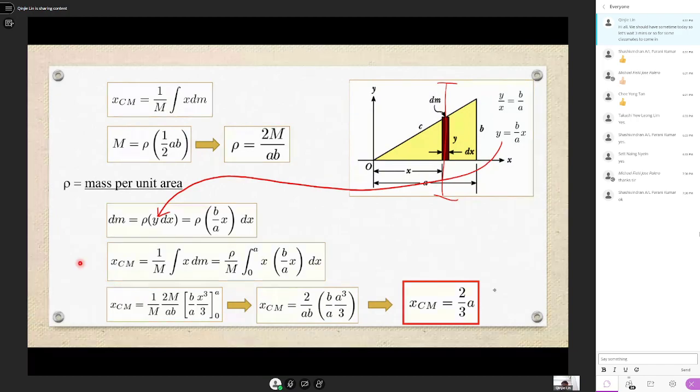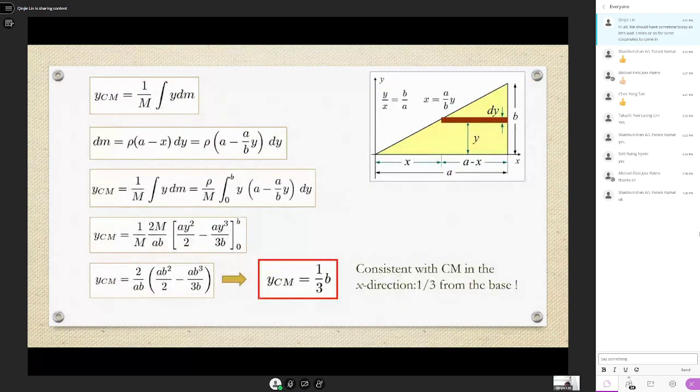Okay, does it ring a bell? Because in upper primary or lower secondary, we are always told that the center of the triangle is 2/3 along the base and 2/3 of the height. So it's somewhere around here. But this is the way mathematically to find the cm.